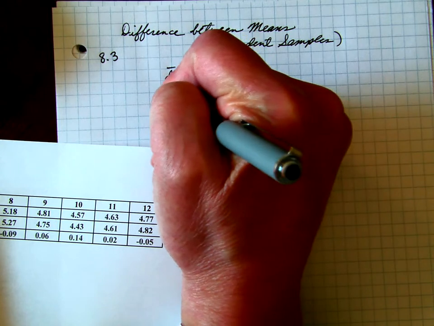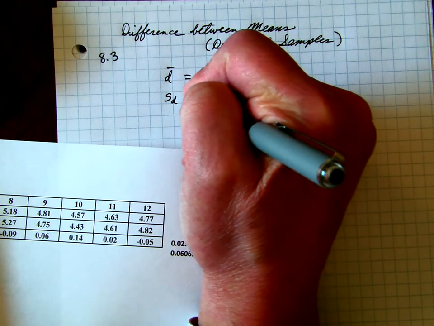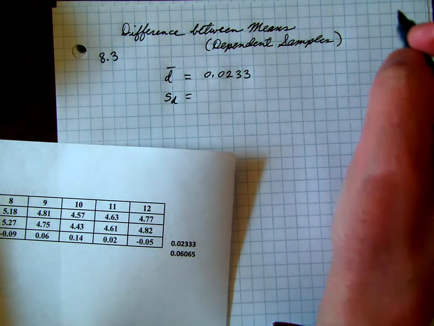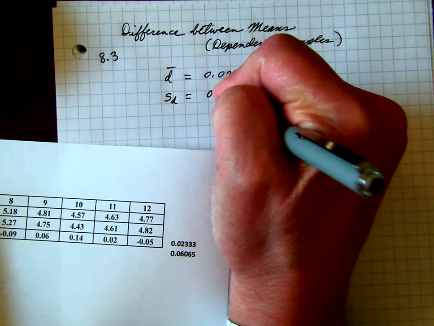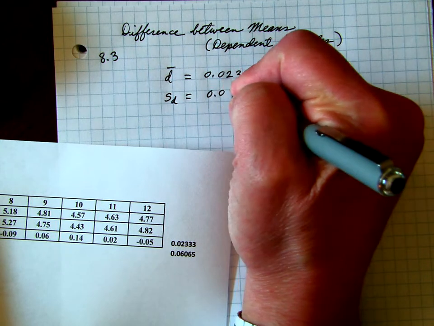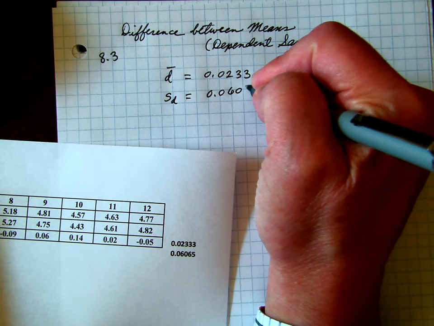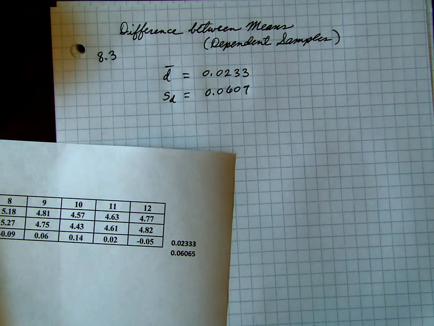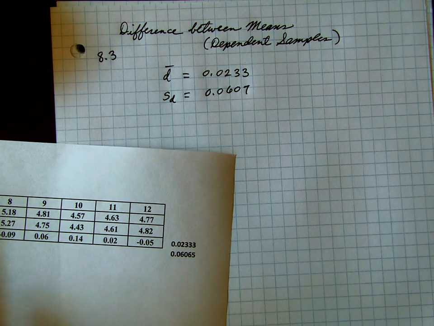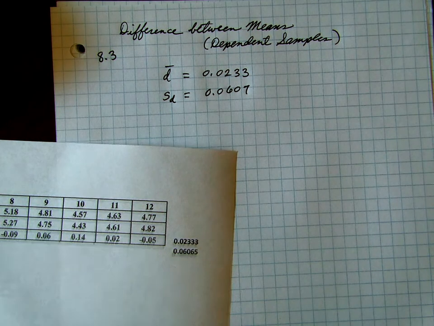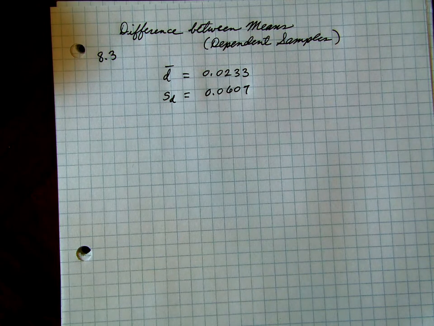And the standard deviation, a sample standard deviation, for these 12 numbers is 0.0607. So let's use those numbers and go ahead and compute our statistic.